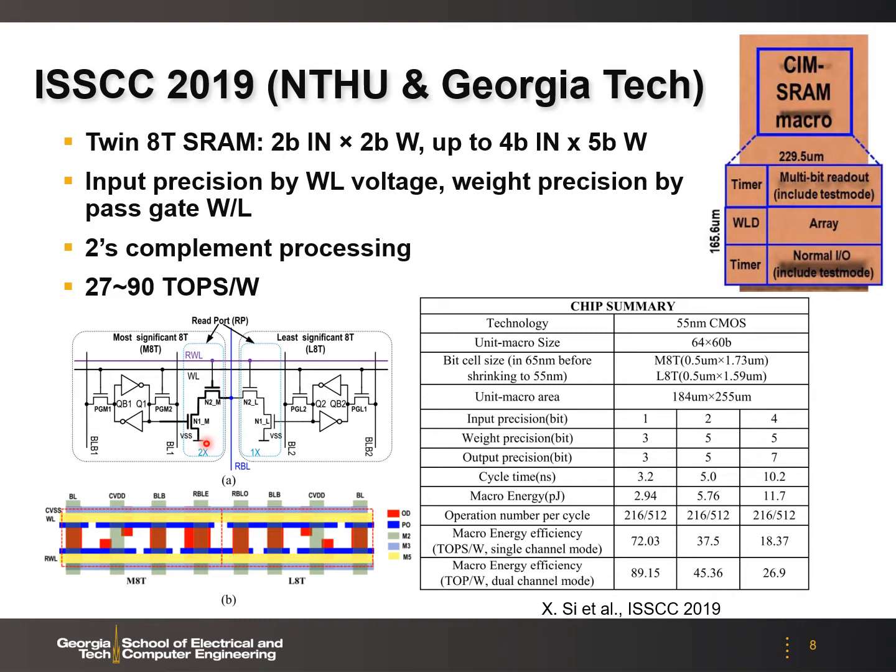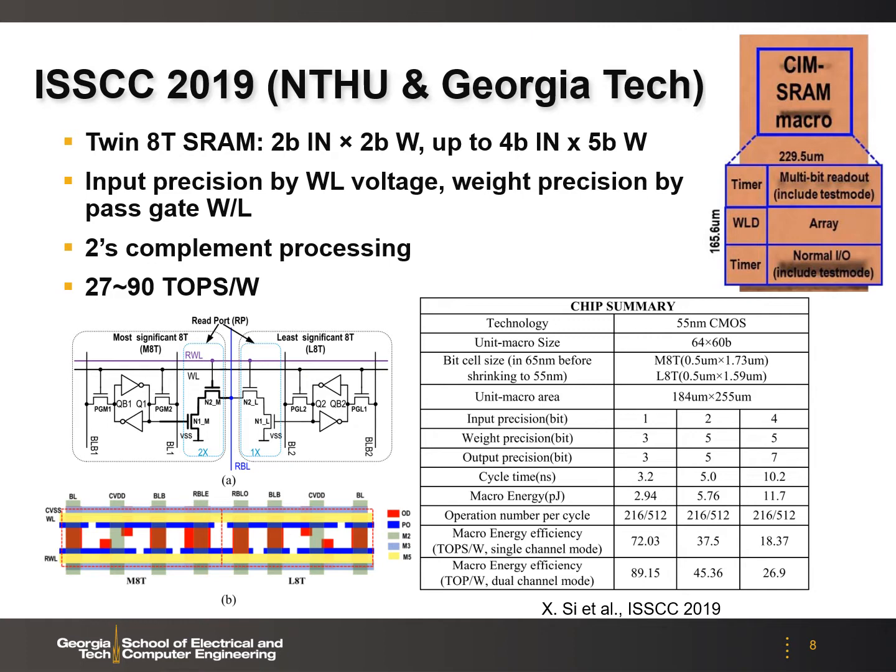So the current will be twice as the LSB cell when the discharge happens along the bit line. And the input precision is encoded by the word line voltage. The measured energy efficiency at this 55 nanometer test chip can reach up to 90 TOPS per watt, depending on the precision.